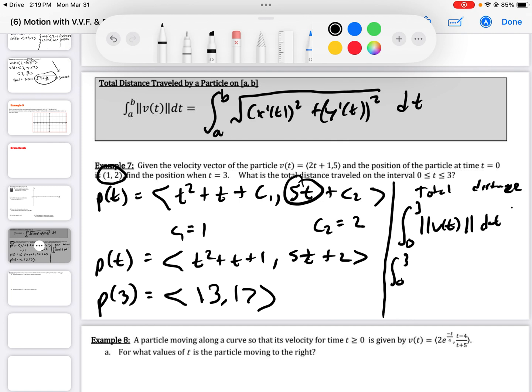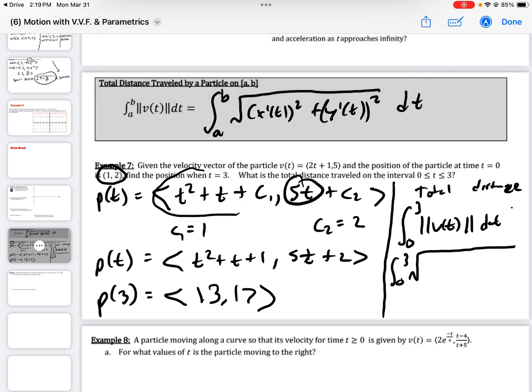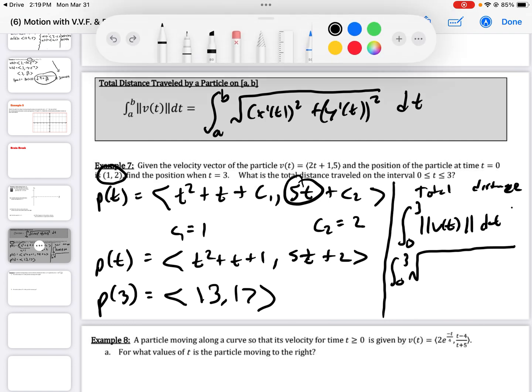So this would be equal to the integral from 0 to 3 of, okay, the velocity. Velocity was given to us. I don't think I did this right when I did my notes.